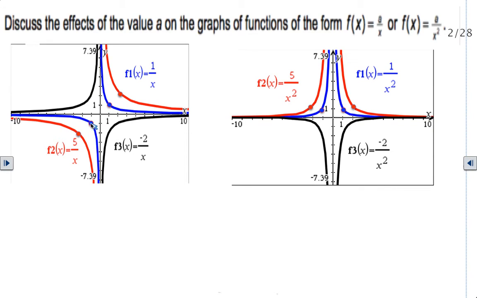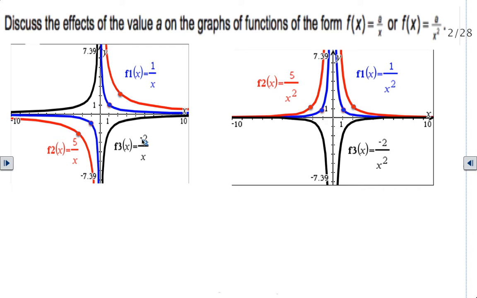For example, you can't draw a line from this dot to this dot and say the distance is 1 because your a value is 1. It's not going to work that way. However, you can see that as your numerator gets bigger, these key points where the curves go, a vertex, I guess, is what you describe this as, would get farther apart as this number gets bigger.